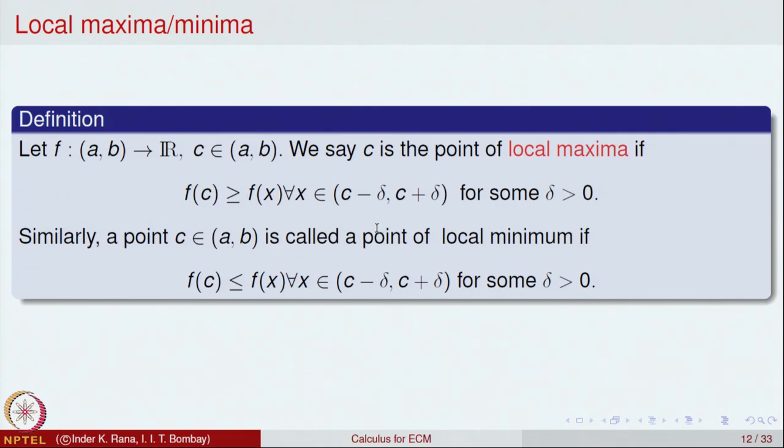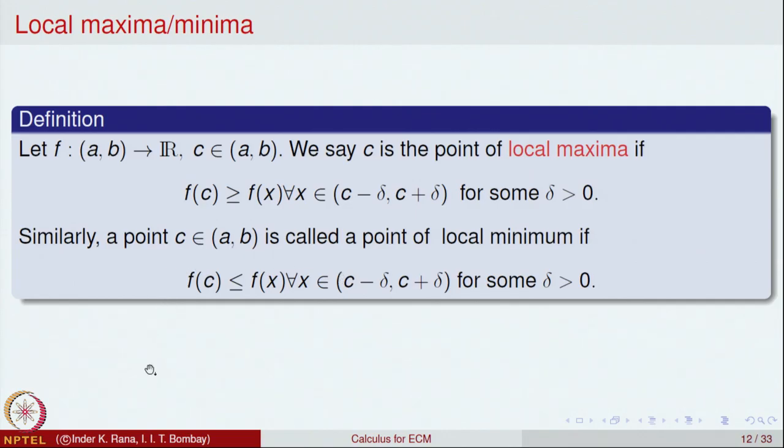We are saying a point c on an open interval is called a point of local maxima if the value of the function at the point c is bigger than or equal to all values at nearby points, and similarly it is called local minimum if the value at c is less than or equal to f of x for all points in a neighborhood of the point.